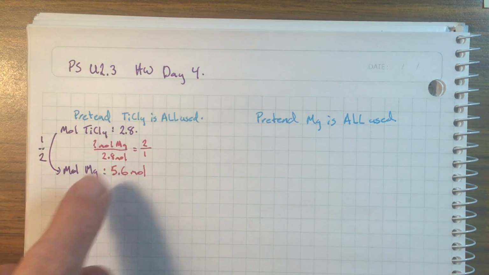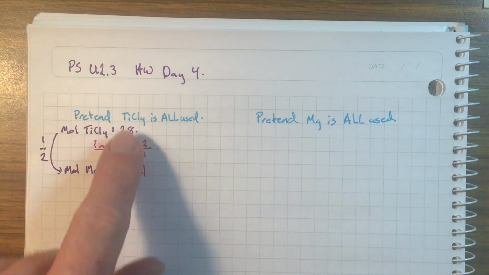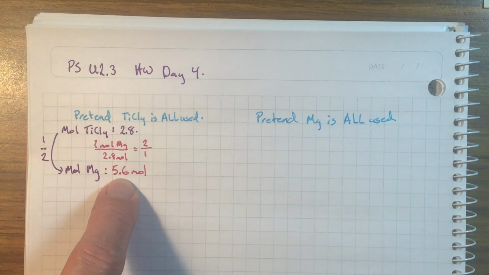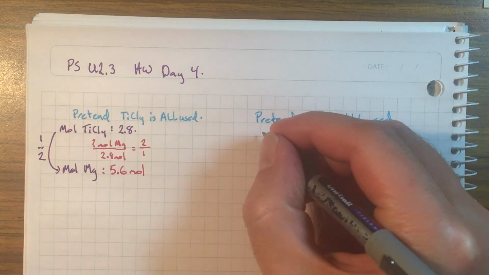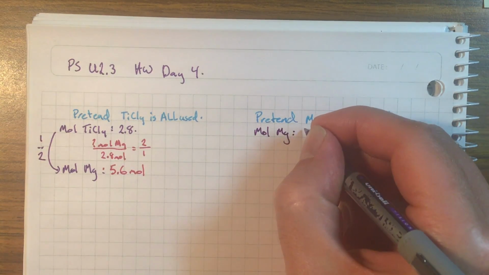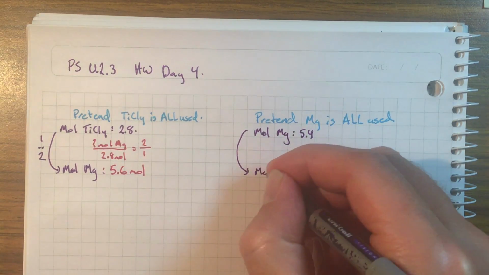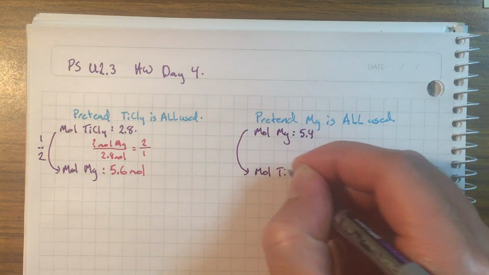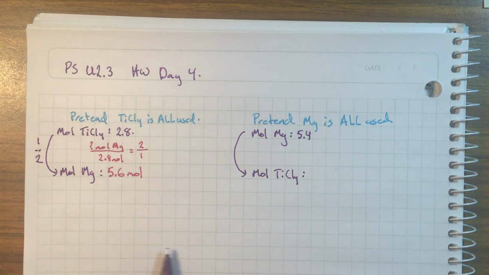So to use up all of our titanium chloride, titanium 4 chloride, we need 5.6 moles of magnesium. Okay, so let's look at the other way. We're going to start with our moles of Mg, which is 5.4. We're going to see how many moles of TiCl4 we would need in order to use this up.